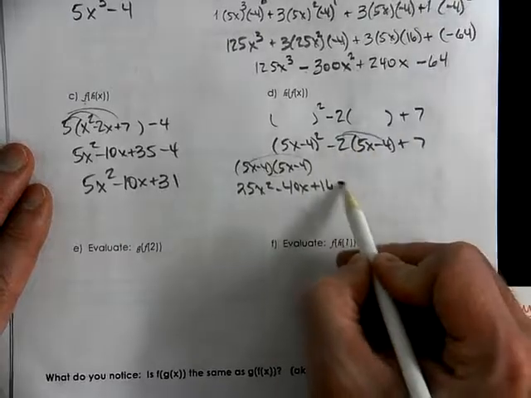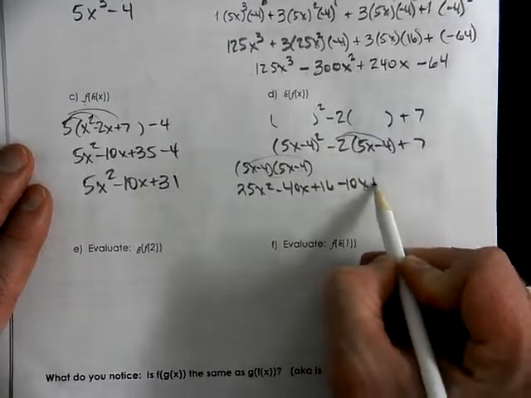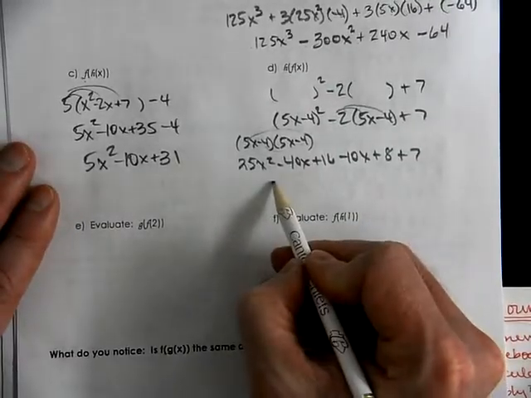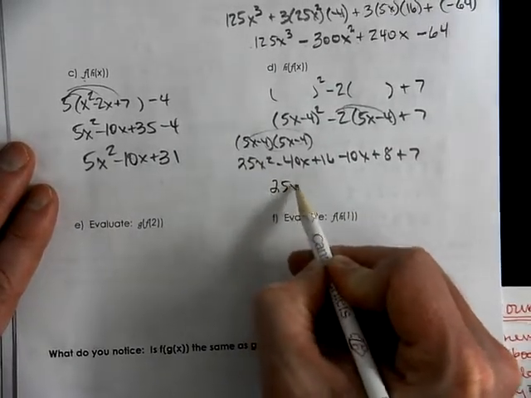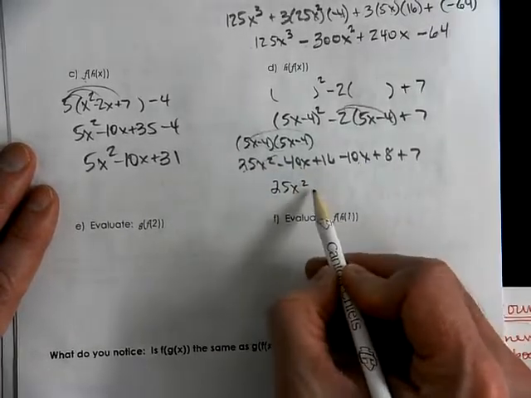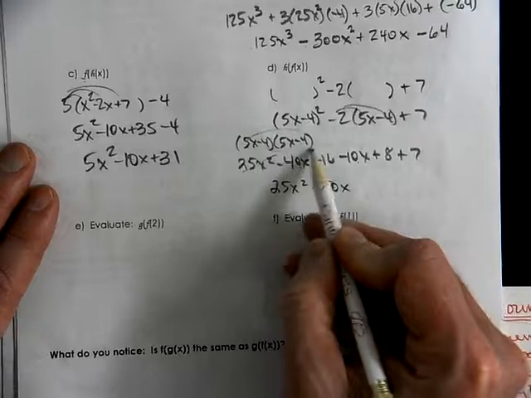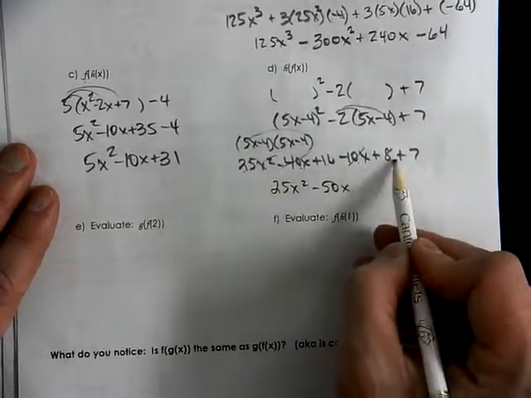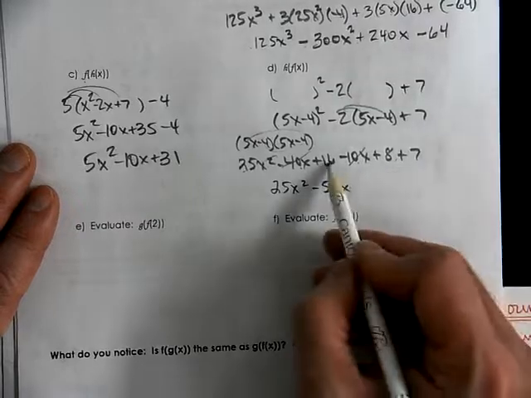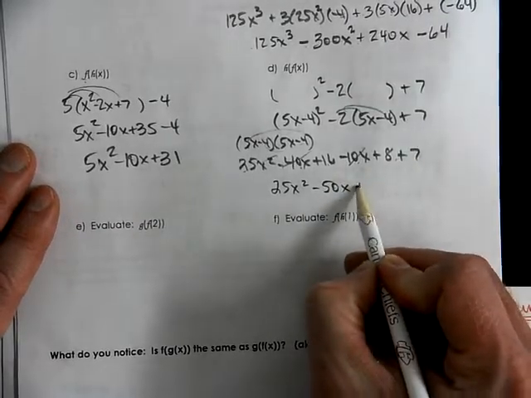Then you're going to distribute to get negative 10x and positive 8, plus your additional 7. So our final result is 25x squared. The 40 and the 10 gives us 50. Here we have 16 and 15, which is 31.